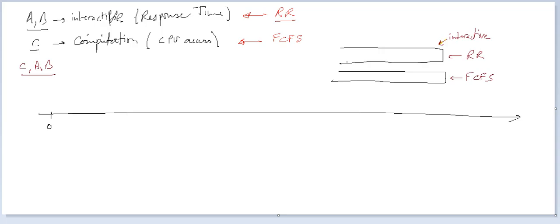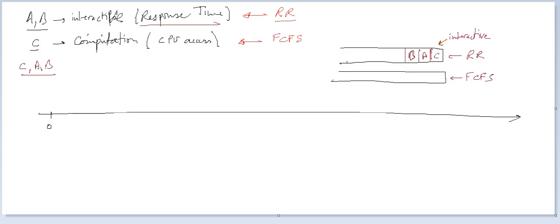One way to do that is to say, since I don't know if they are interactive or non-interactive, what matters most to me as a human is the response time, to make sure that I don't see one process not running smoothly. So I'm going to start by saying that probably C, A, and B are interactive processes.